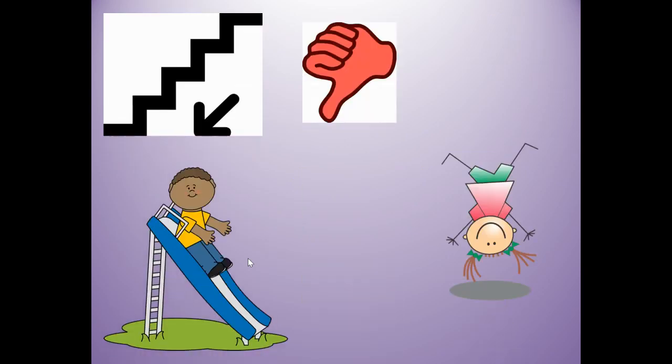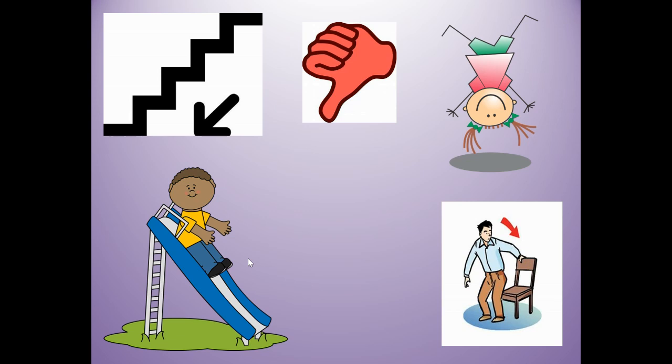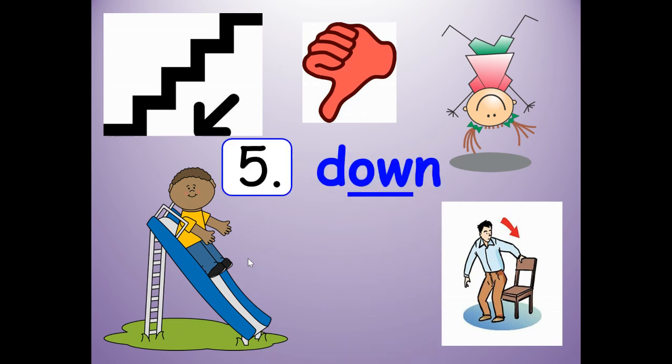Number 5. Down. Stretch it out. Down. Shrink it. Down. D-O-W-N. Underline the O-W. Down.